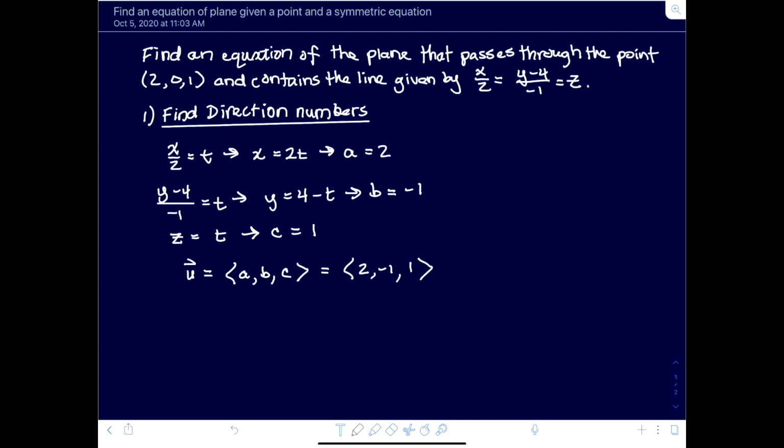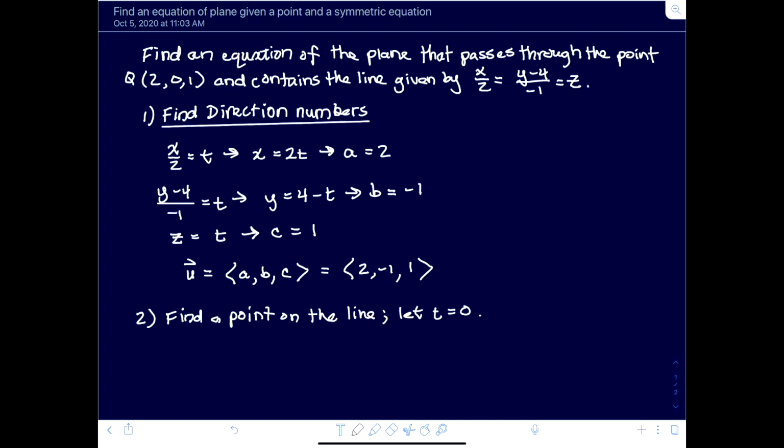All right, so now we also need to find a point on the line so that we can make a vector out of this point and that given point. Let's call the given point Q. The easiest thing to do would be to let t equal 0.